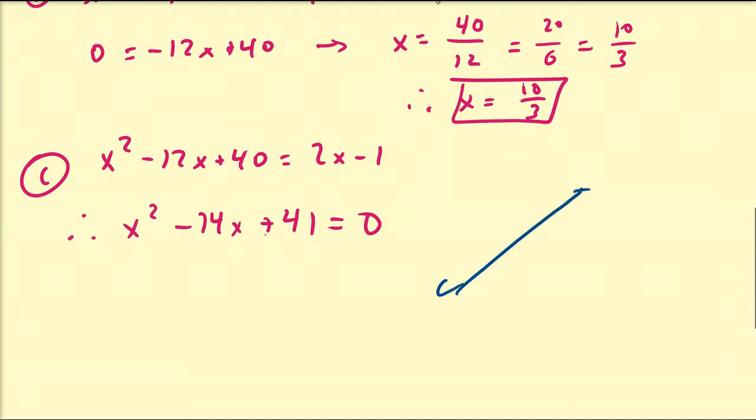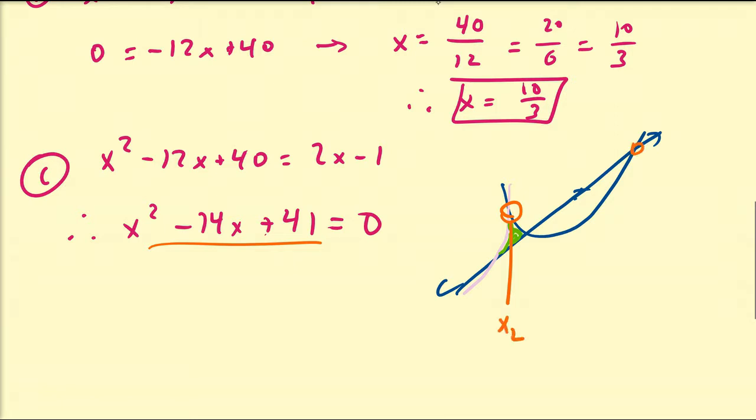We have a line and we have a parabola. Remember, our other curve sweeps down here, and this is the area of interest, right? So there's going to be two solutions to this equation. The first solution is going to be the x value there. I'm going to call it xl. And there's going to be another solution over here, which I'm going to call xr.